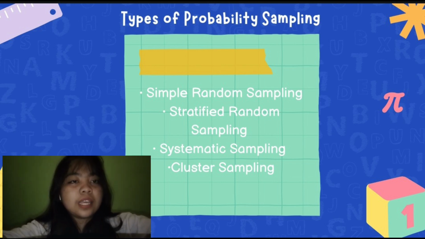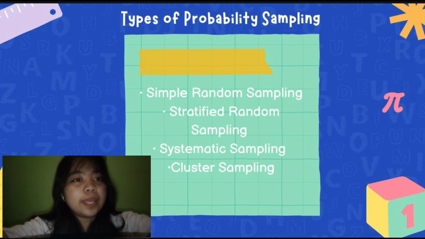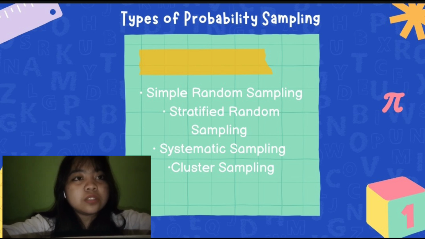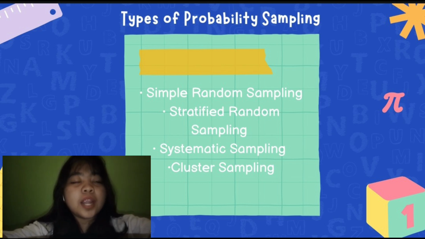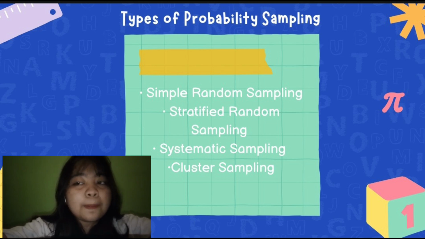Cluster sampling is a probability sampling method in which you divide a population into clusters such as districts or schools, then randomly select those clusters as your sample. For example, if a researcher wants to study students in a large city, they might randomly select several schools and survey all students within those schools.